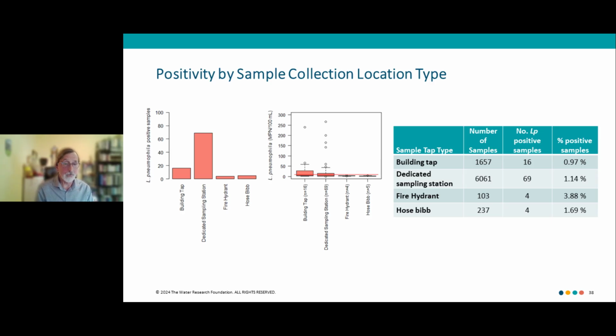We do see high numbers from fire hydrants and hose bibs, and I guess it's not really a great plan to sample from those two types of locations for many reasons that I'm sure everybody in the audience is aware of. So sample location type is important, but mainly because if you're developing a monitoring program, you should be aware of the sample location type and the fact that it might have an influence on the Legionella that you detect or don't.